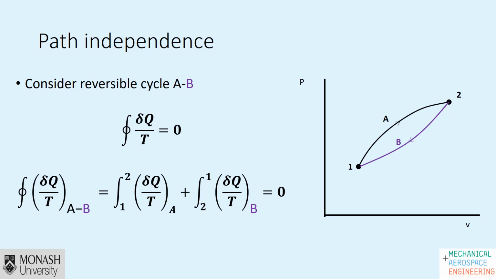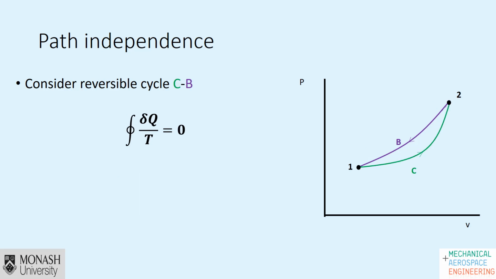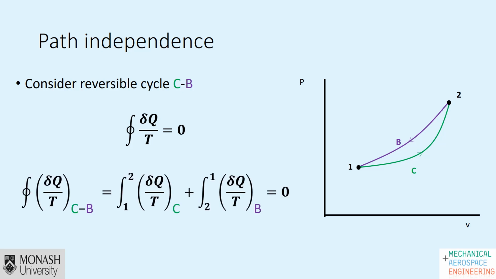And because this is a totally reversible cycle, the sum of the integral of heat transfer divided by temperature along path A plus the integral of the heat transfer divided by the temperature along path B must be equal to 0. So let's put that aside for now, and instead consider the reversible cycle made up of the paths C and B. Once again, because it's a reversible cycle, the equality holds. So we evaluate our cyclic integral again, and we get the sum of the integral along path C, and then the integral along path B, once again equal to 0 from the equality part of the inequality of Clausius.